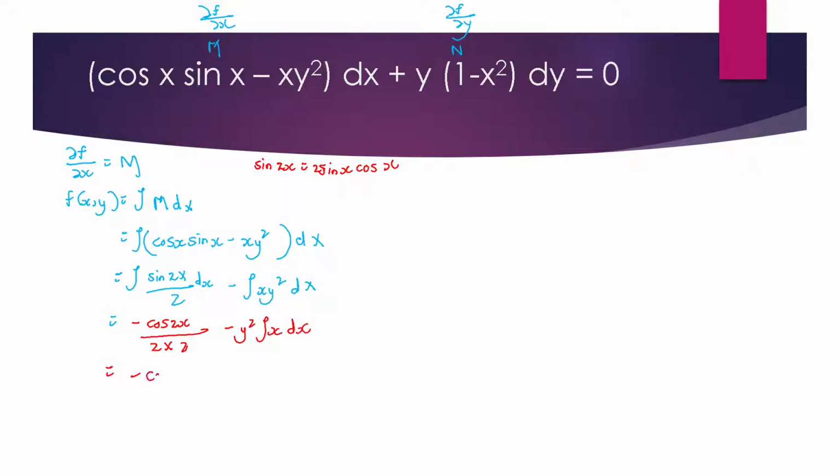So this is negative cos 2x divided by 4. Integrate x, y squared is constant. Integrate x with respect to x is x squared over 2, so plus a function of y.